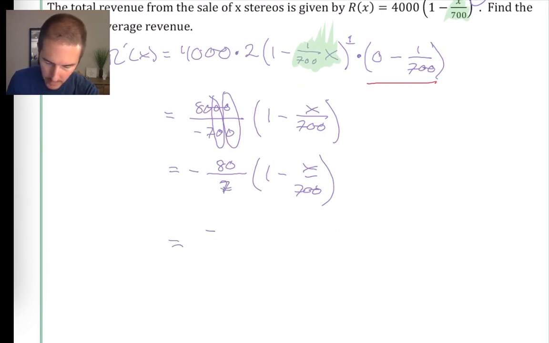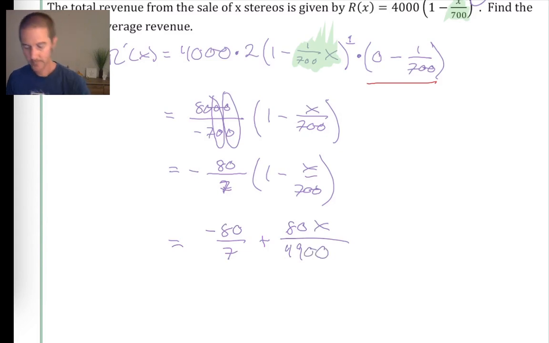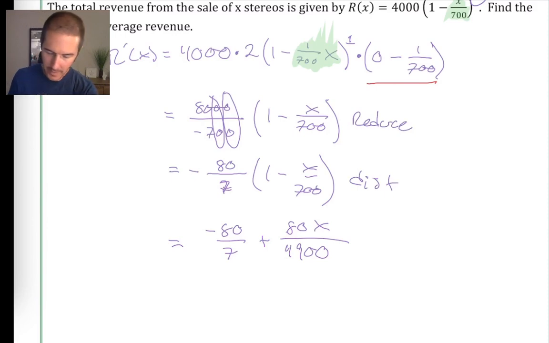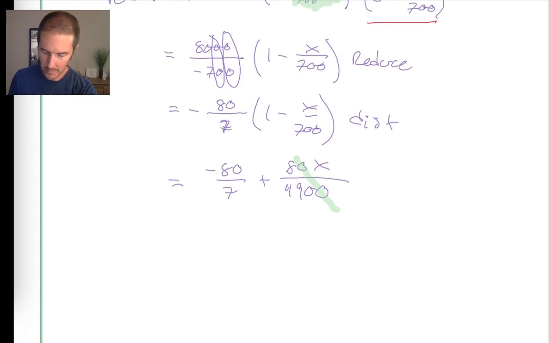How about negative 80 over 7 plus 80x over 4,900? Right, because I distributed. Here I reduced. Of course, now that I've done that, now I've got to reduce these zeros. So let's reduce one more time, and then we'll be done.